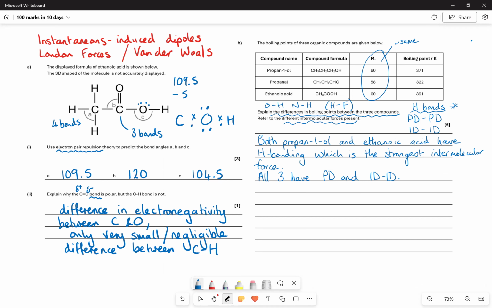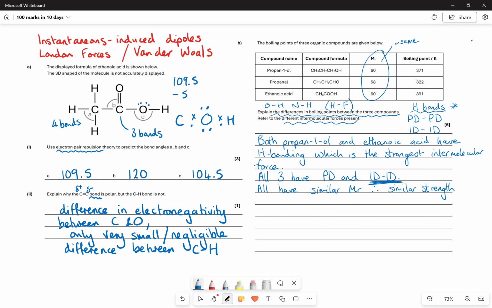Why is MR important? So MR is important because of this force, the instantaneous induced dipoles. We know that as you get a bigger molecule, which we saw on day 1, these types of forces are stronger. So I think it's significant that we need to mention that they all have similar MR and therefore similar strength, because sometimes you might be comparing one molecule that's a lot smaller and therefore has less electrons.